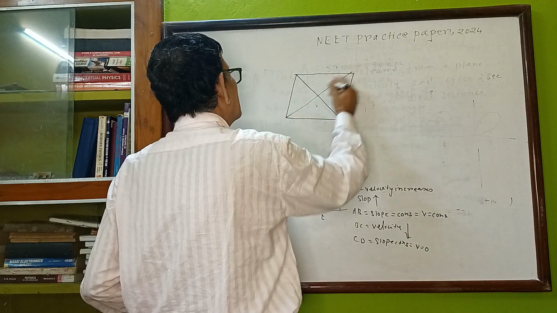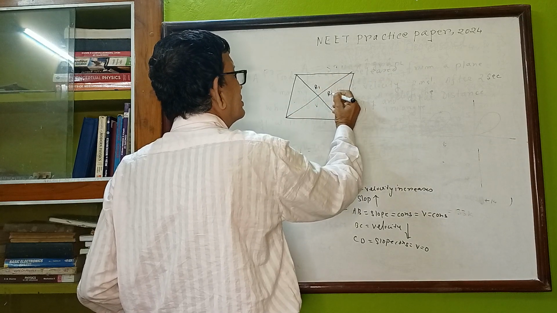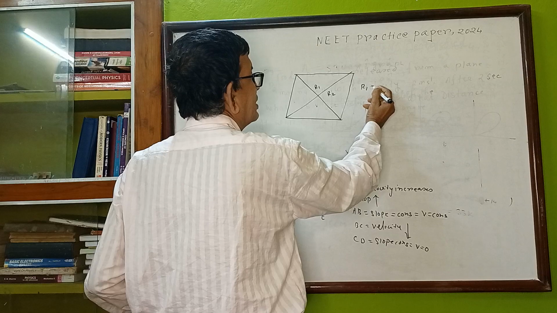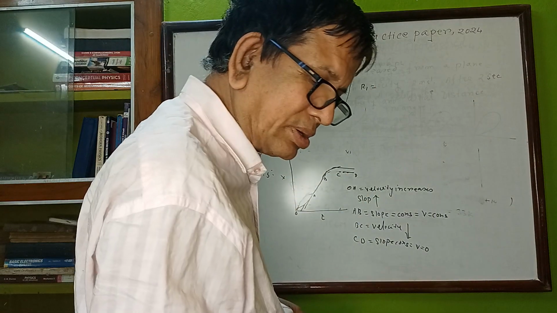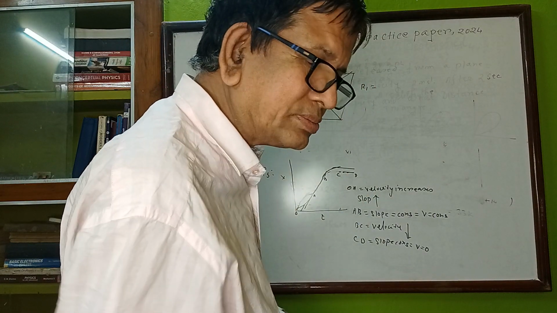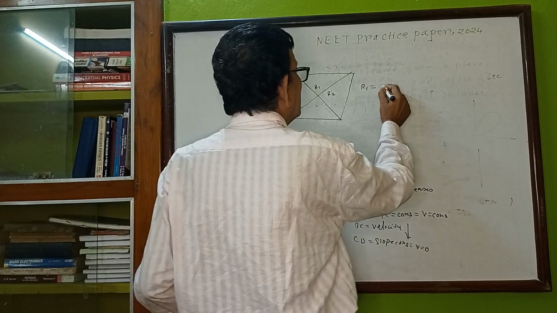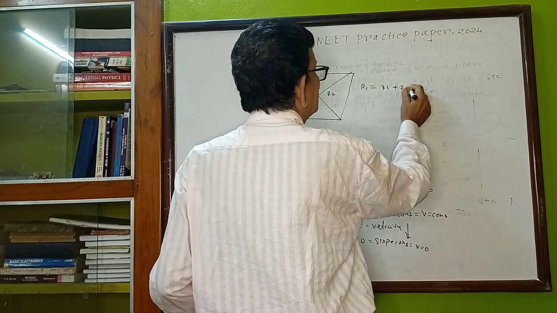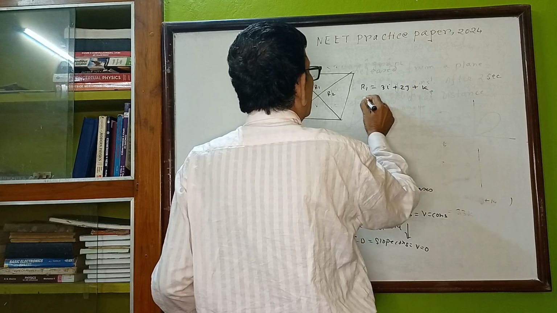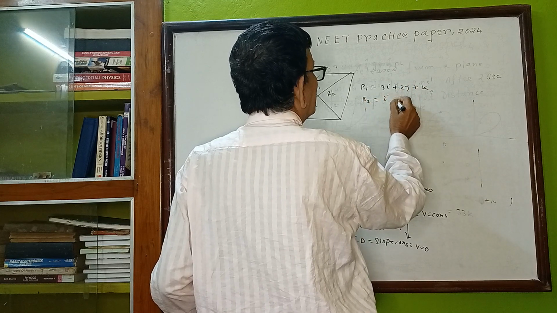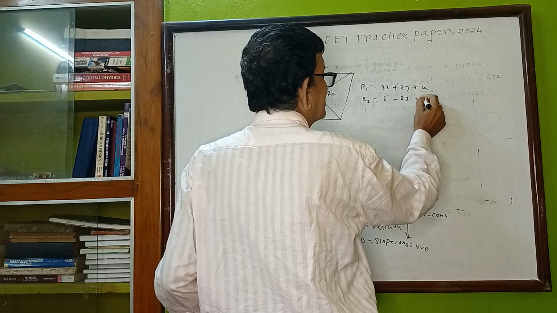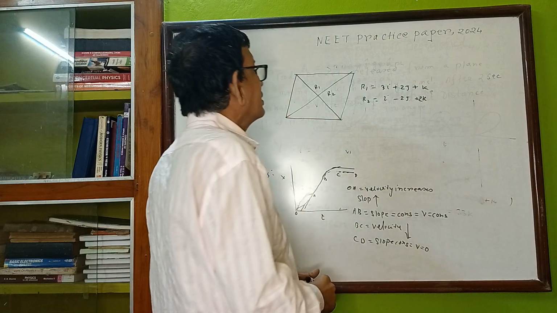Two diagonals are there, one is R1, the other is R2. R1 is given in vector form. Suppose R1 is 2i plus 2j plus k, and R2 is given as i minus 2j plus 2k, for example.